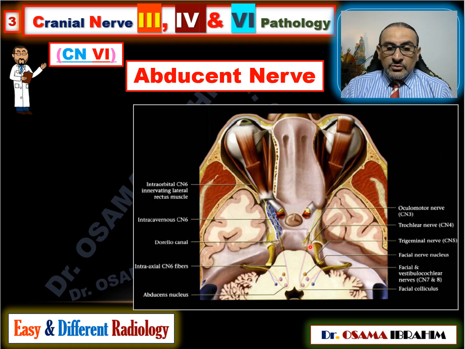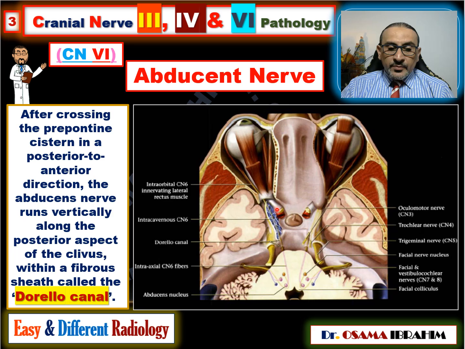This diagram shows the abducent nerve supplying the lateral rectus muscle. This is the lateral rectus muscle, and that nerve rises from the pons and goes directly toward the lateral rectus muscle to supply it, also through the superior orbital fissure. During its course, it passes between the posterior aspect of the clinoid and the petrous bone, and this is called the Dorello canal.